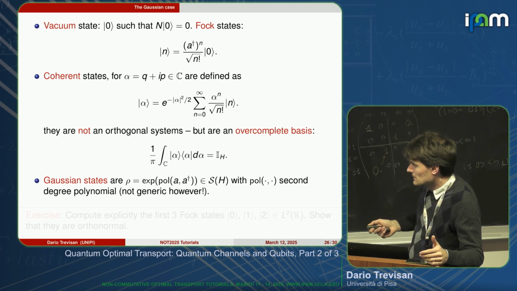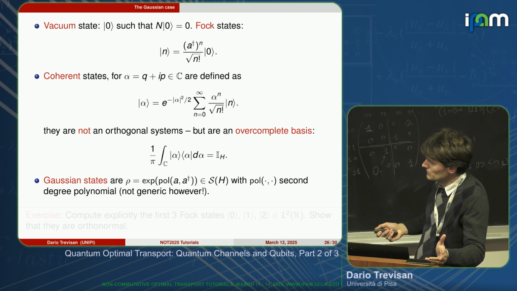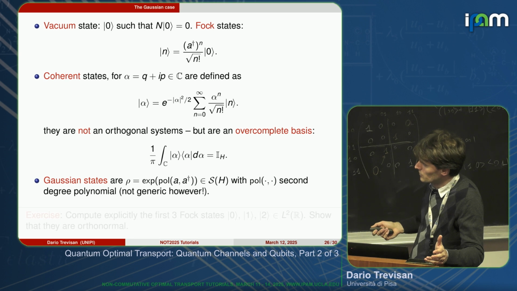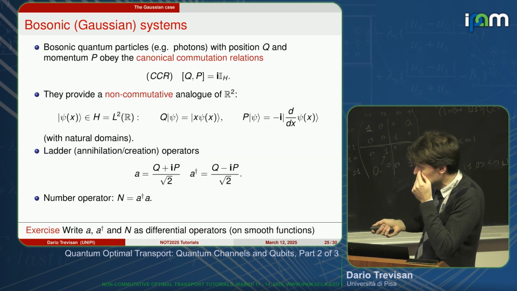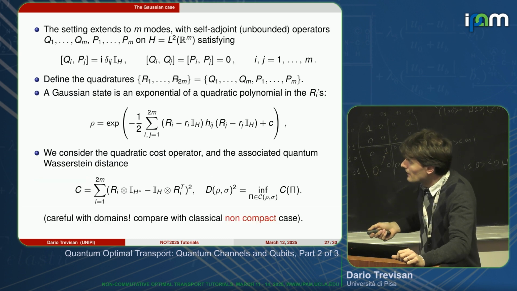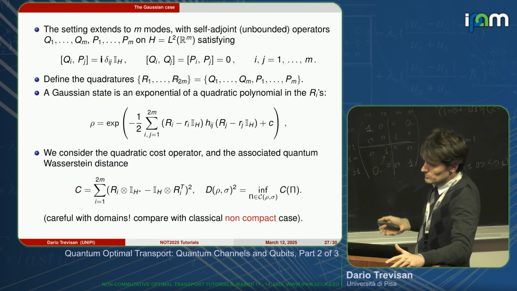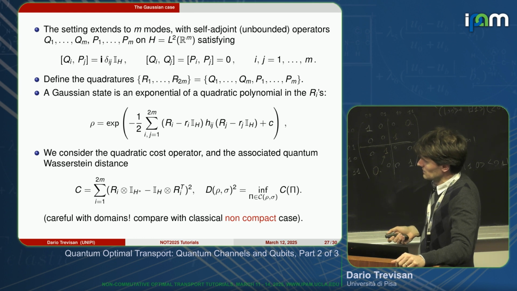But the key point is that you can describe what Gaussian states are. Informally, Gaussian states are those of the form exponential of a quadratic polynomial in the variables Q and P, if you want to be very informal. And you can also characterize quantum states. There is a lot of algebra and a lot of properties that are very well known for Gaussian states.